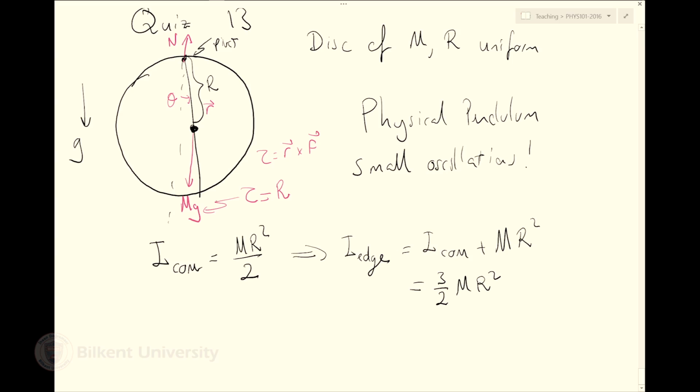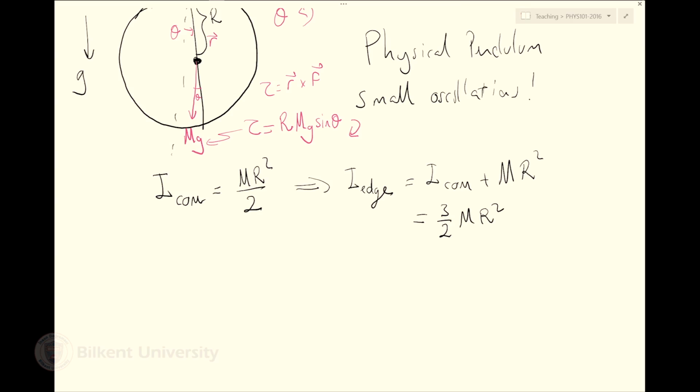The magnitude of the force would be mg, and I need the angle between them, which is again theta, so mg sine theta. Which way is that torque trying to turn my disk? Clockwise or counterclockwise? Clockwise. It's trying to restore the equilibrium, so I'd say it's clockwise. How about my theta angle? Theta angle is increasing counterclockwise.